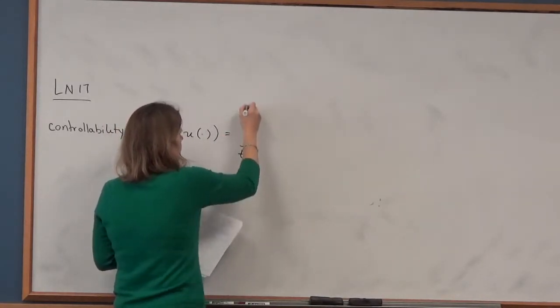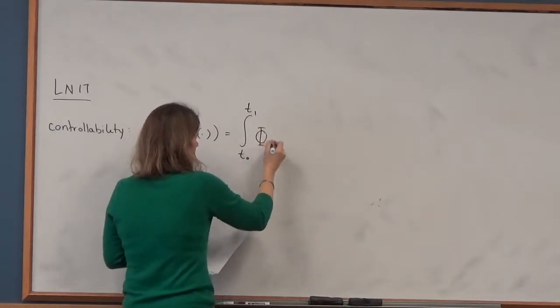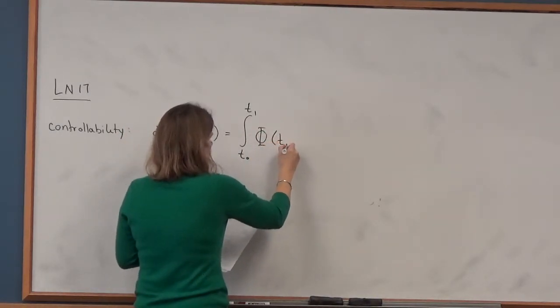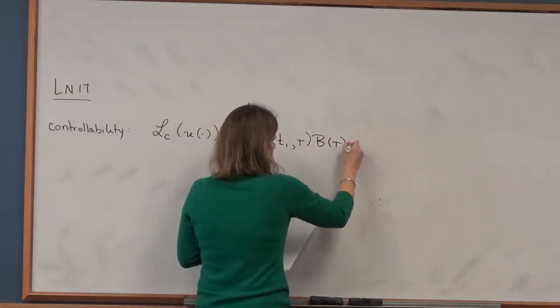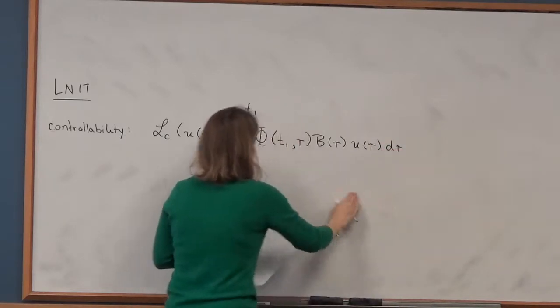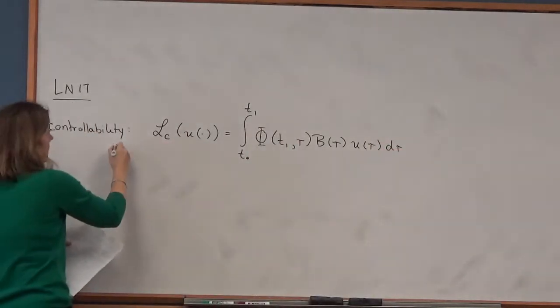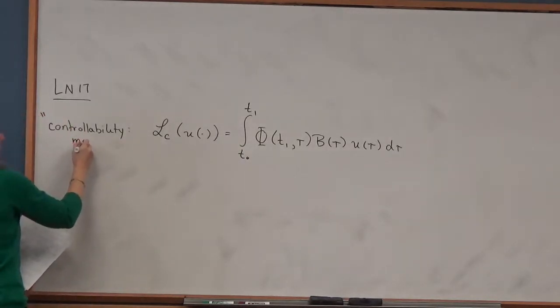All right, so it's just that portion of the state transition function which maps the input to the state. Okay, so that's what we defined as the controllability map. Let's just write it here. Controllability map.